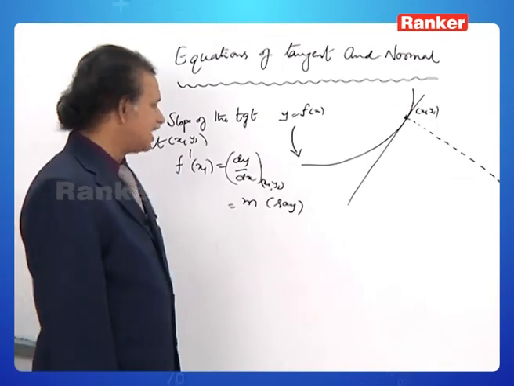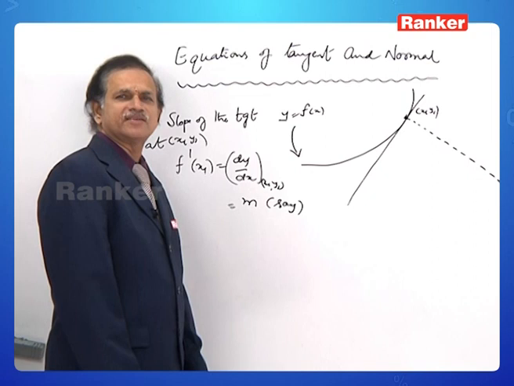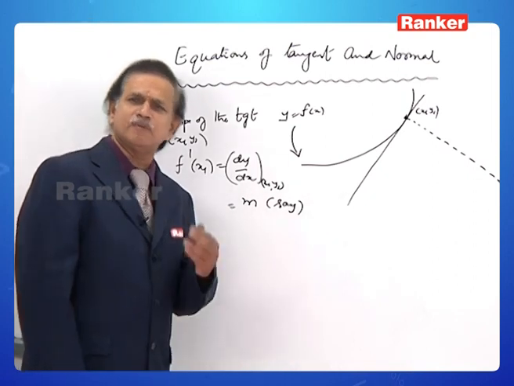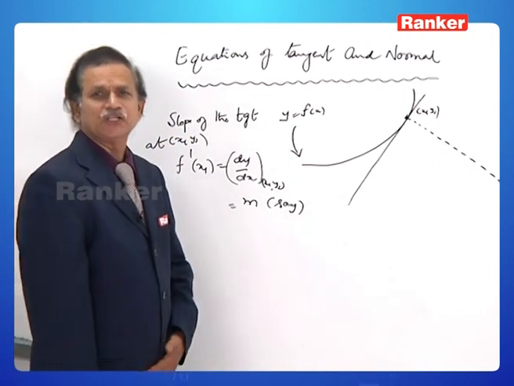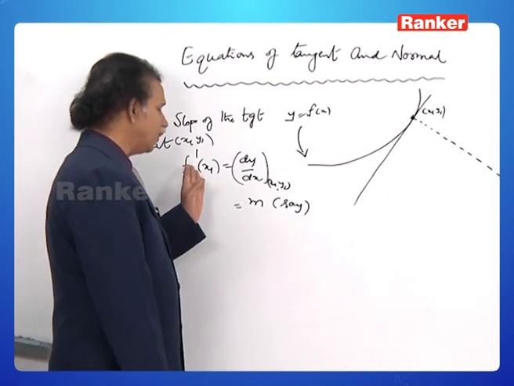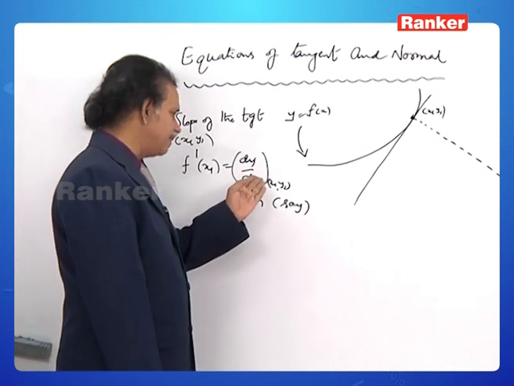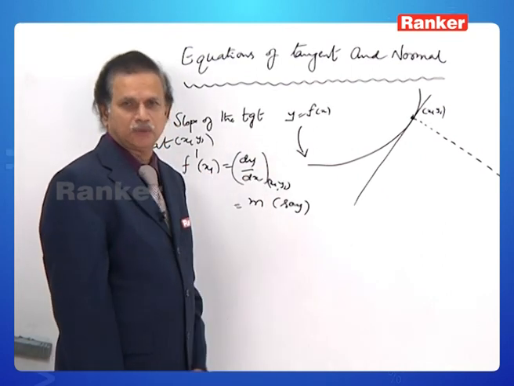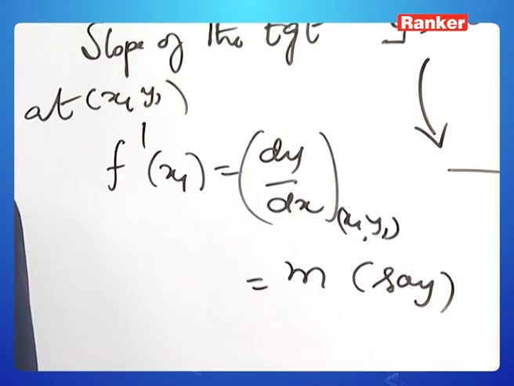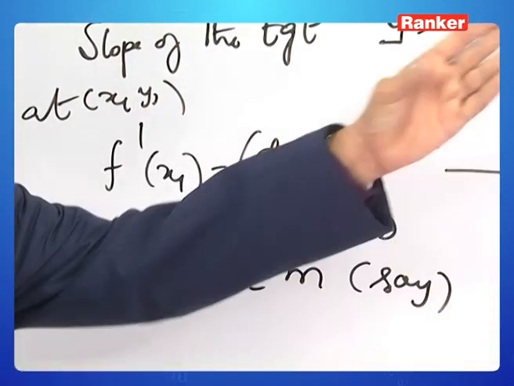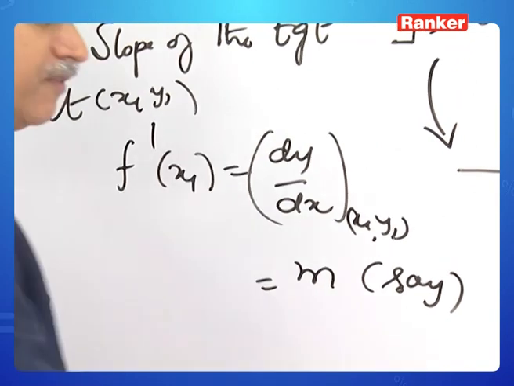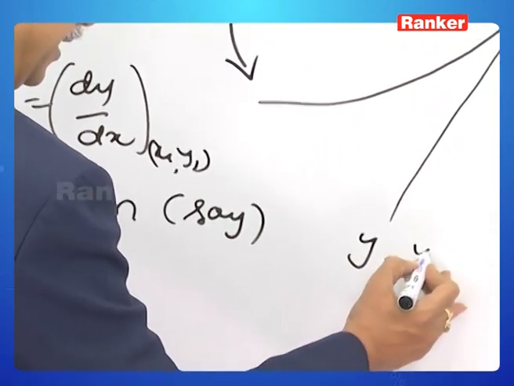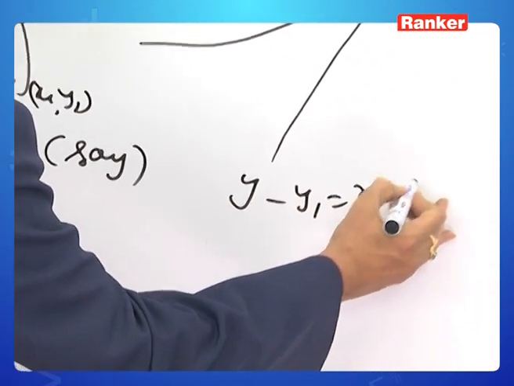What are the general customary ways to represent the slope of the tangent? One way is f dash x1. Another way is dy by dx at x1, y1. Another way is m. We know the slope and the point is also given. So what is the equation of the tangent? Y minus y1 is equal to m into x minus x1.